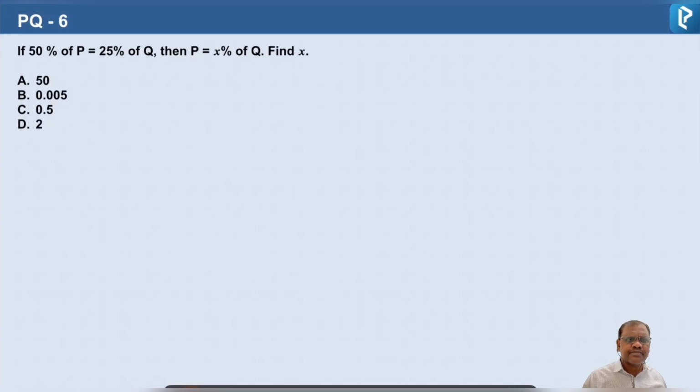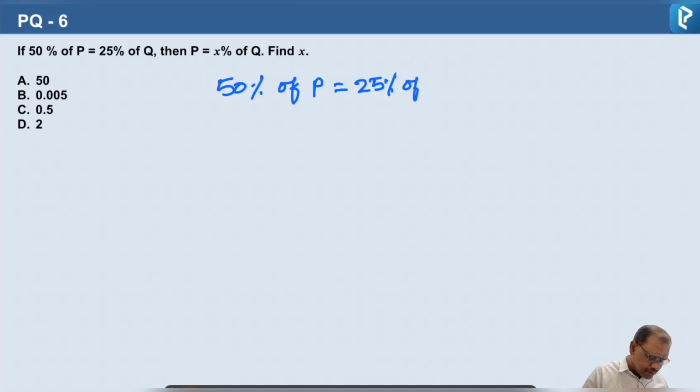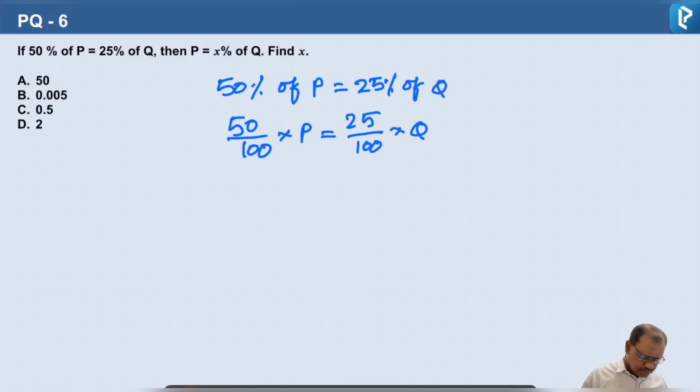Question number 6. If 50% of P is equal to 25% of Q, then P is equal to X% of Q. Find X. So given that 50% of P is equal to 25% of Q. So how to write it as 50 by 100 into P is equal to 25 by 100 into Q. Simplify this. 100 cancels in the denominator. 25 ones, 25 twos.